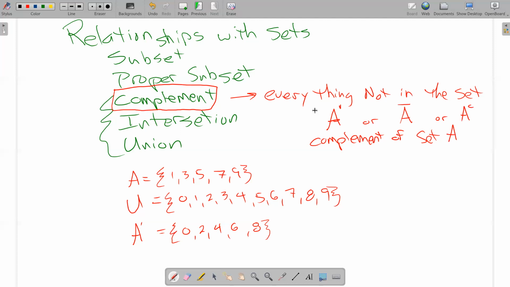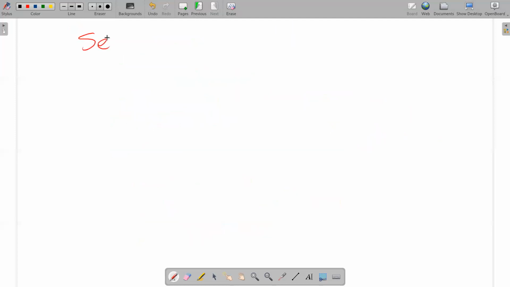So let's talk about intersection. It's elements the two sets have in common.